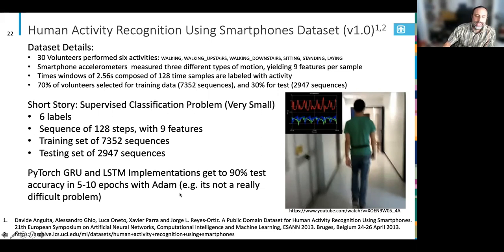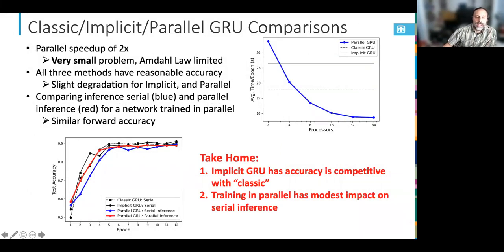So this is a really easy problem. And so, we're not going to get great speed ups here. You can see here for the parallel GRU, we're able to get about 2x speed up over the serial version. We use a lot of processors to get that speed up, but we're able to actually get speed ups.